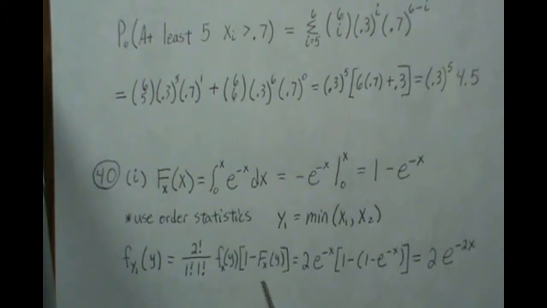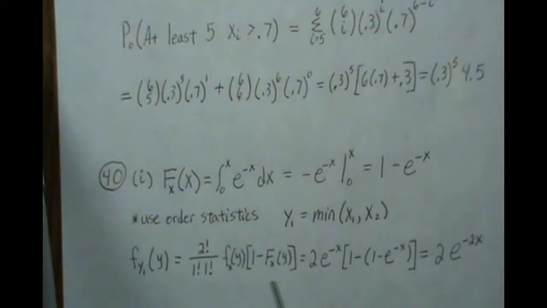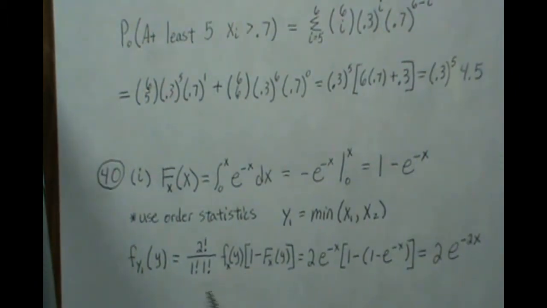And this formula here is not a general formula, but this is something you're going to have to memorize for the test, how to find any order statistic. Once you learn how to do this, it's very easy and very quick. So we're not going to derive that.